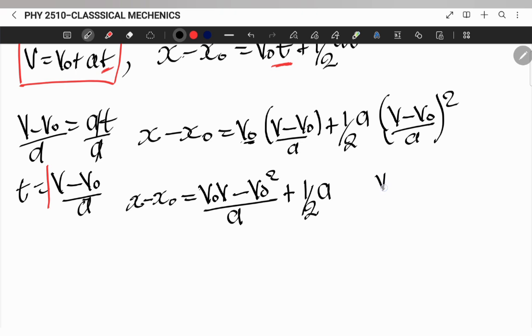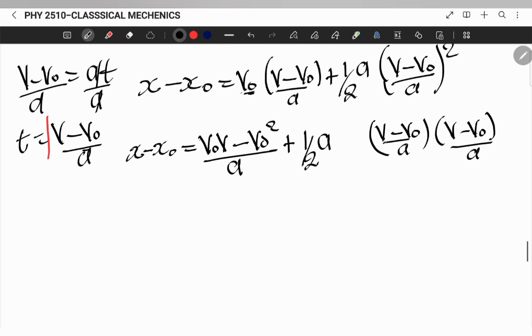So v minus v naught over a, then v minus v naught over a. Okay, so we are going to multiply that times that, which is going to give v squared. Then that times that, v naught.